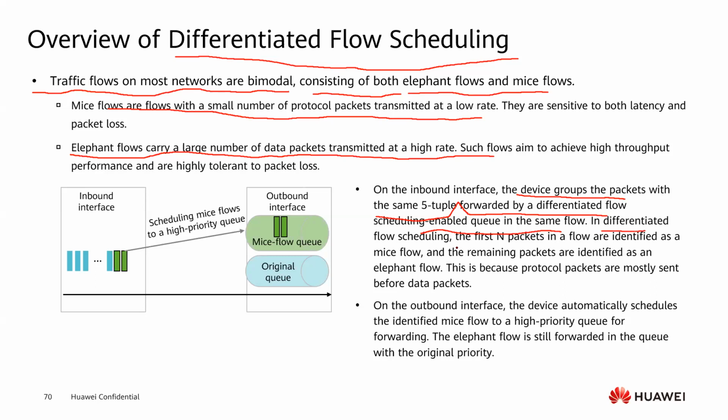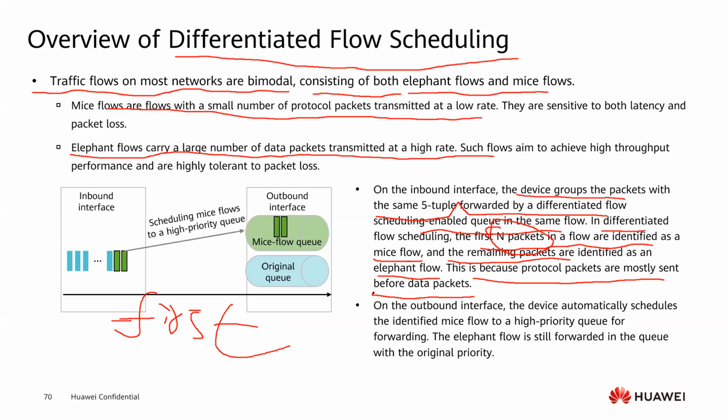In differentiated flow scheduling, the first n packets in a flow are identified as a mice flow, and the remaining packets are identified as an elephant flow. This is because the protocol packets are mostly sent before data packets.